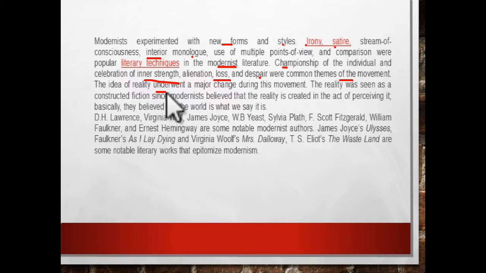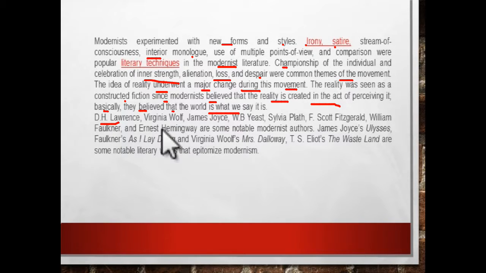The idea of reality underwent a major change during this movement. Reality was seen as a constructed fiction, since modernists believed that reality is created in the act of perceiving it. Basically, they believe that the world is what we say it is.